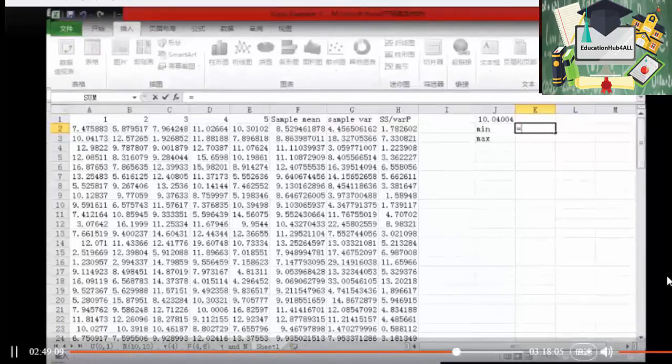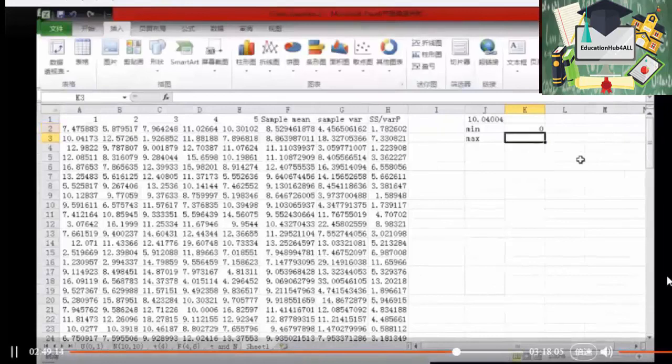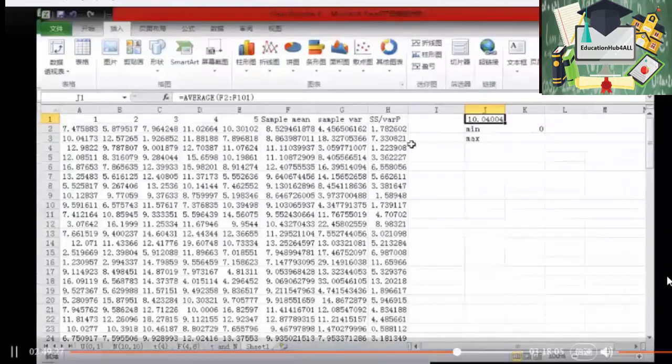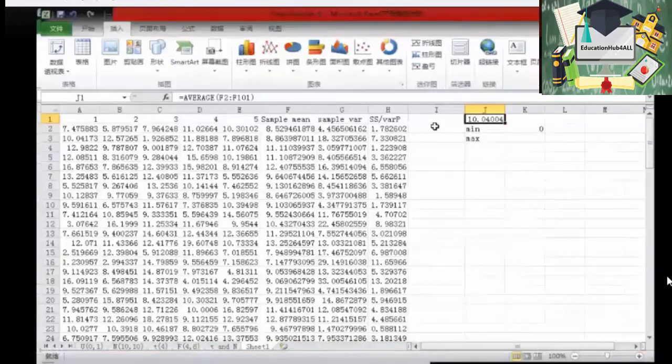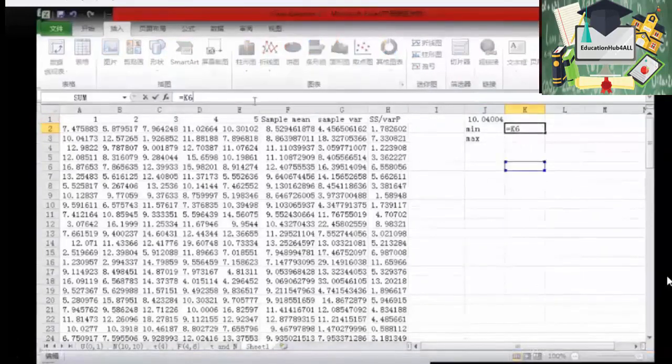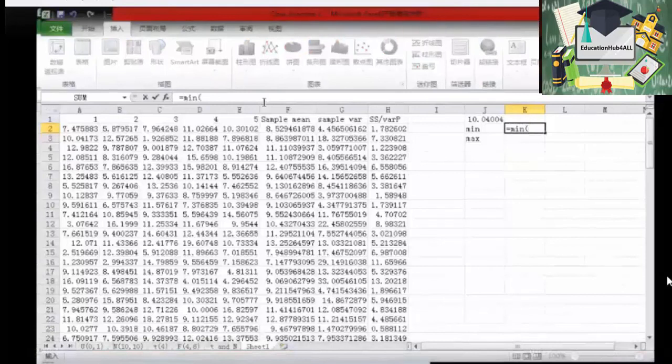How does the frequency distribution look? Go ahead, find the minimum of the 100 values.